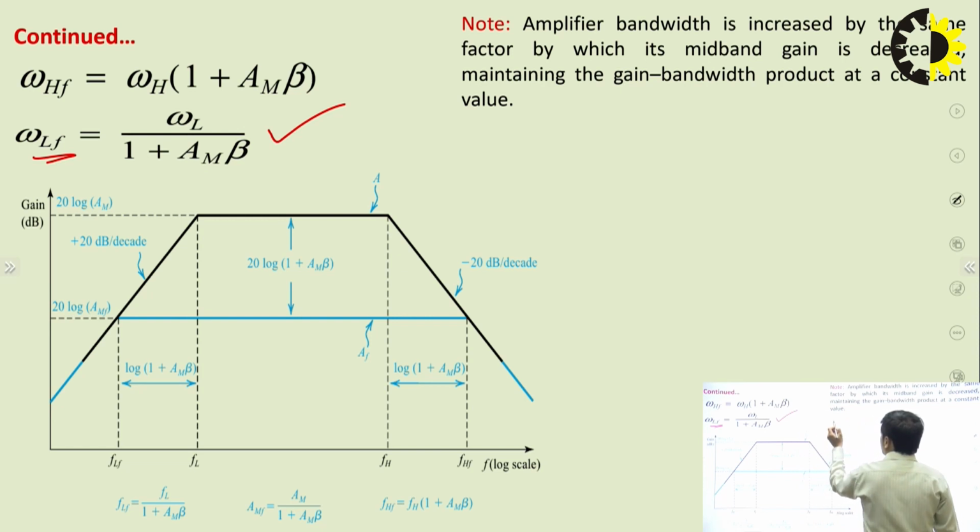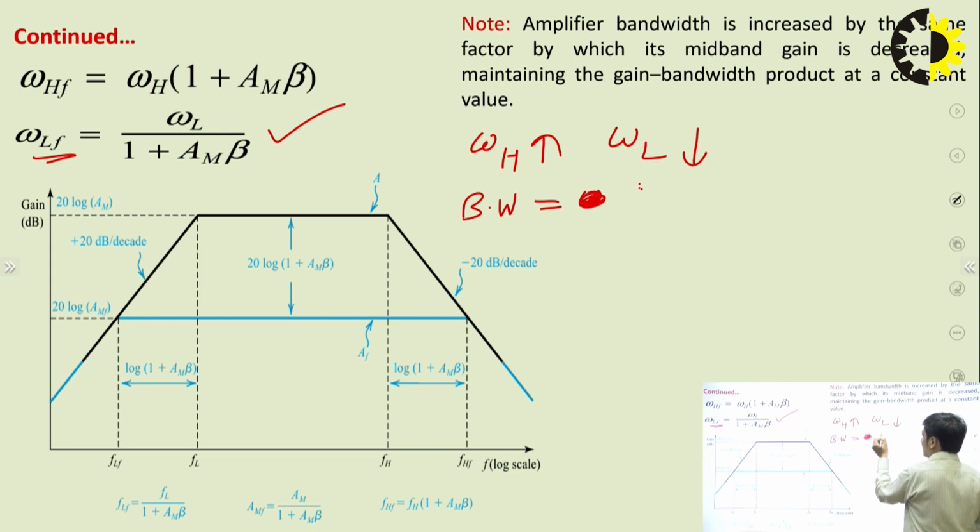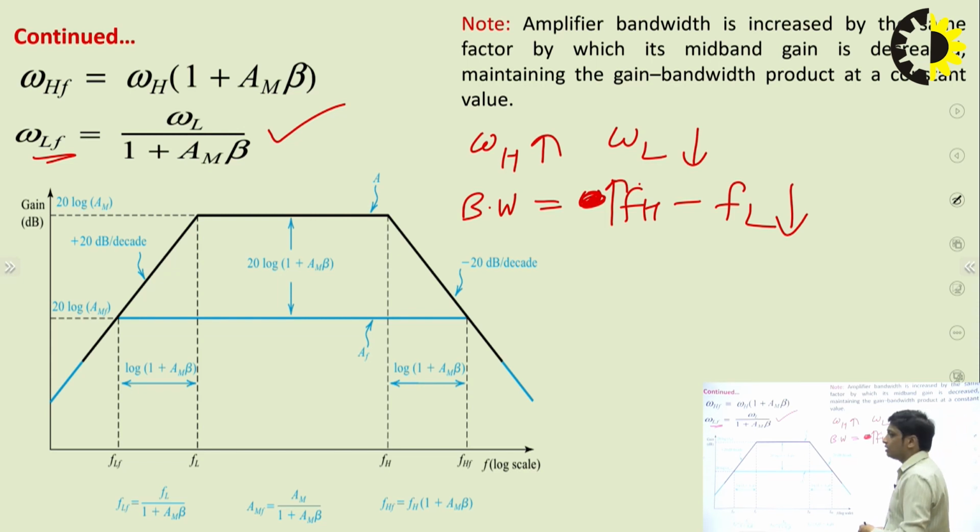It means that the upper 3 dB frequency is increasing and the lower 3 dB frequency is decreasing by the application of negative feedback, and the bandwidth of the amplifier is omega H minus omega L, or we can write it fH minus fL. So with the application of negative feedback, fH is increased by the factor 1 plus AM beta and fL is reduced by the factor 1 plus AM beta. So the overall effect is that the bandwidth is increased.